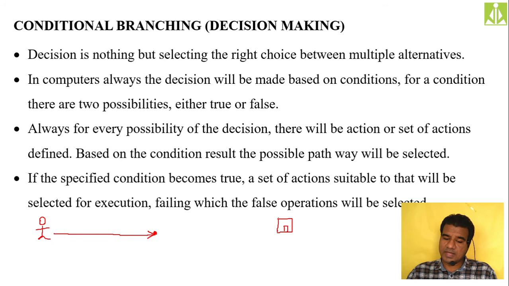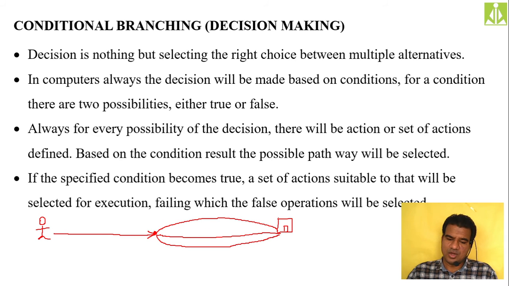But from that point towards your house you have four ways. This is one way to reach, this is another, and this is another. So likewise you have four different paths to reach your home from this point.